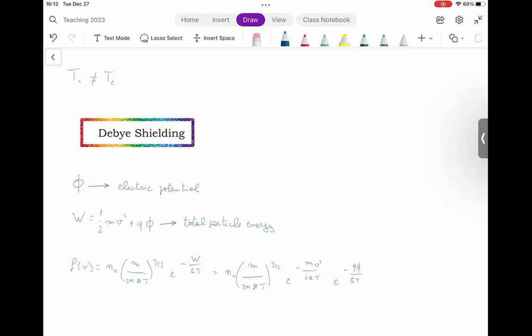Okay, now we have to be a little careful and be mindful of a subtlety that is well emphasized in our textbook.